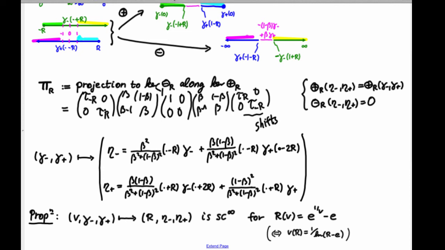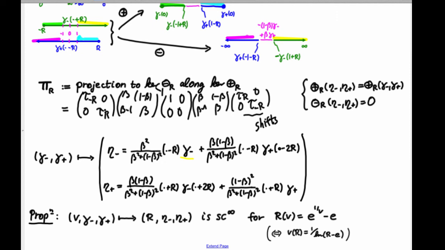Right. So this projection here, for any R, is going to be linear in gamma minus and gamma plus. That's the good news. The first factor wants to reproduce gamma minus because it multiplies with a cutoff function that's supported at very, very positive values.